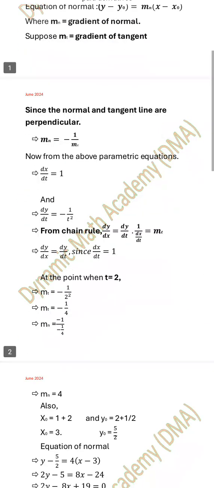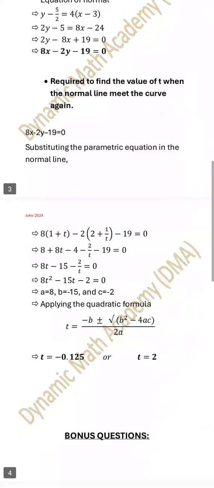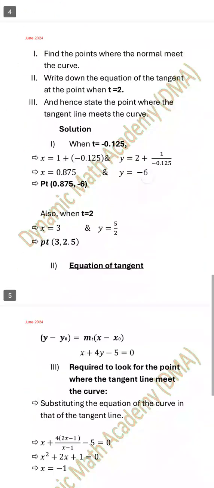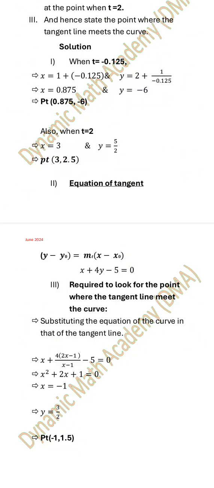And if you simplify correctly, you're going to have that the value of y will be equal to 2x minus 1 divided by x minus 1. So when we substitute it here in the tangential equation, we have x plus 4 into 2x minus 1 divided by x minus 1, minus 5 equals 0.